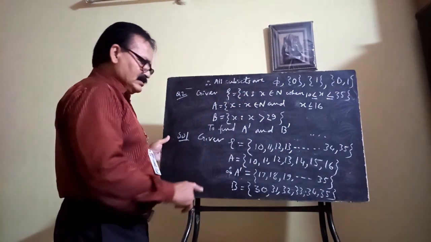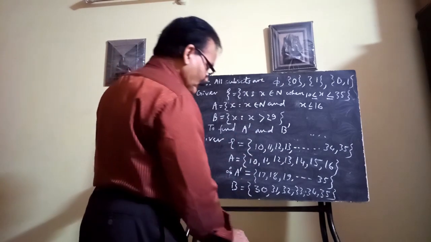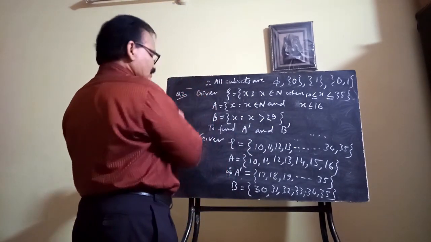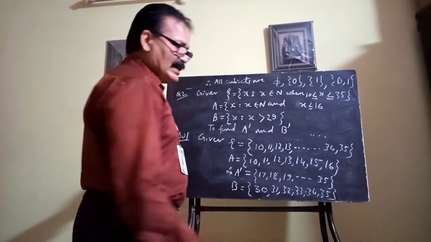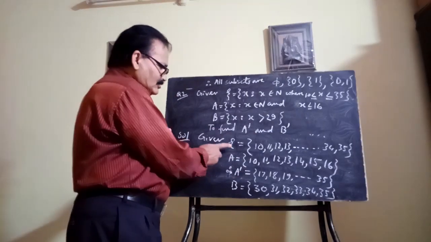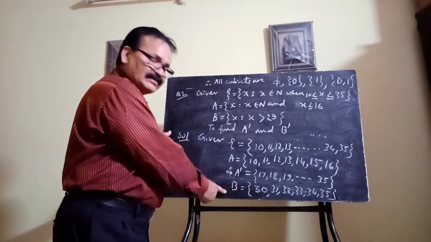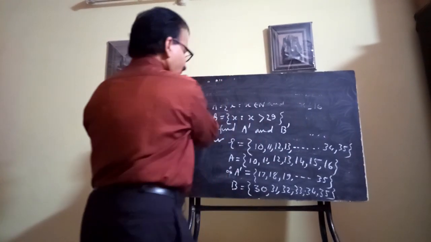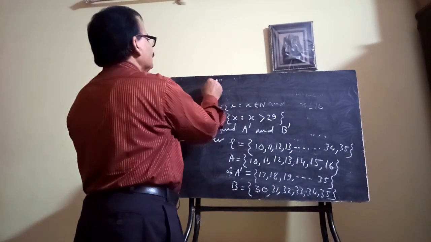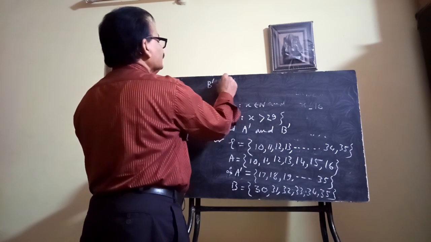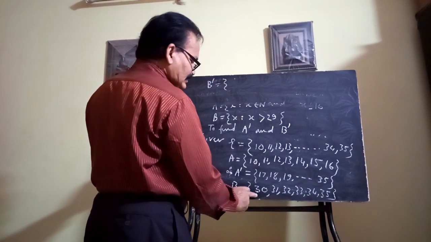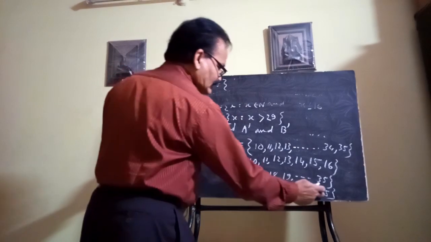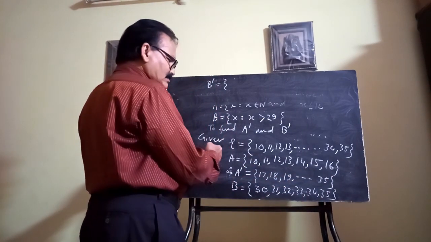Okay, you have got it. So B complement will be the remaining elements of the universal set other than the set B. So here your set B complement can be written as: apart from 30 to 35, you have to remove those from your universal set.